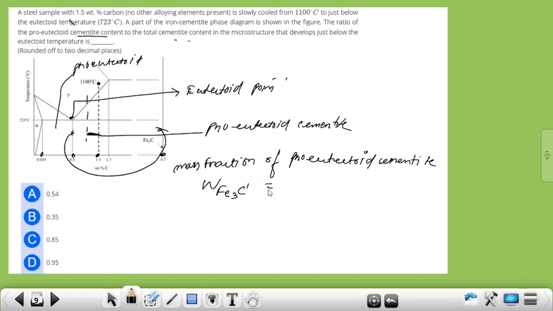So by applying the tie rule, this region we have to calculate. So this is equal to 1.5 minus 0.8 divided by 6.7 minus 0.8, which is equal to 0.1186.